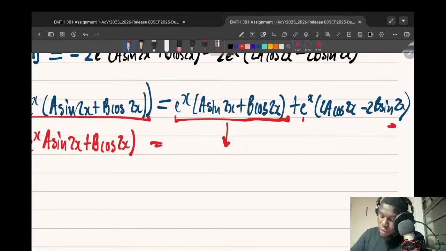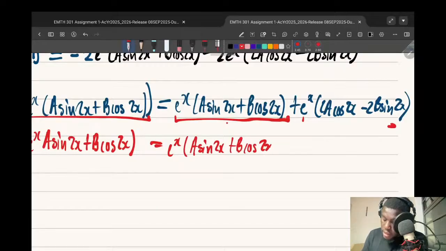The derivative of this first one, we've done it before. It brings itself back, then it brings this one back. So for here, it will be e to the x, a sine 2x plus b cos 2x, plus e to the x, 2a cos 2x minus 2b sine 2x.